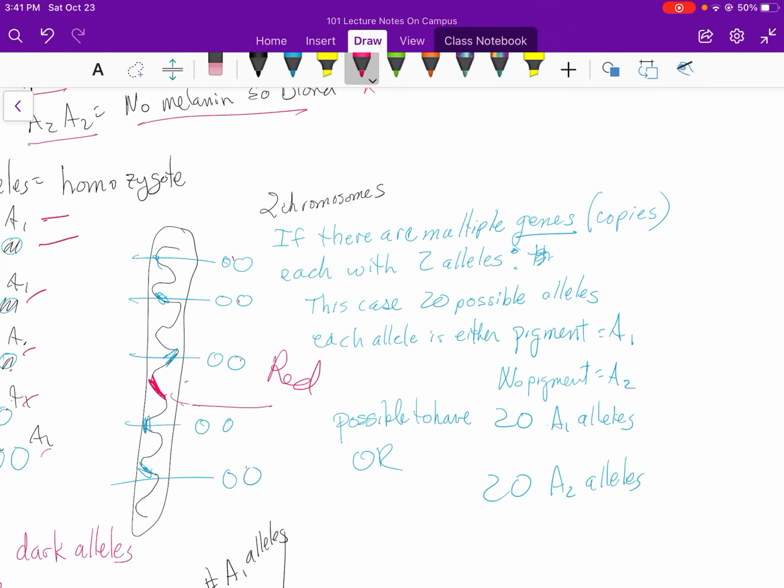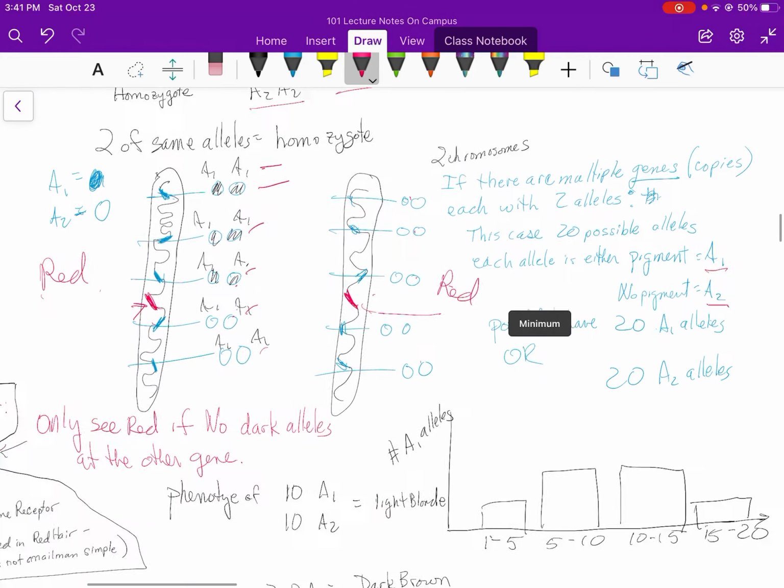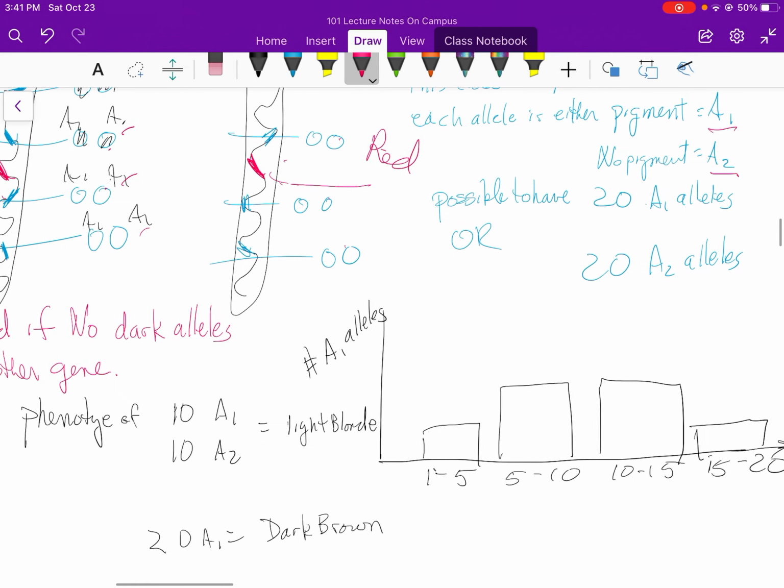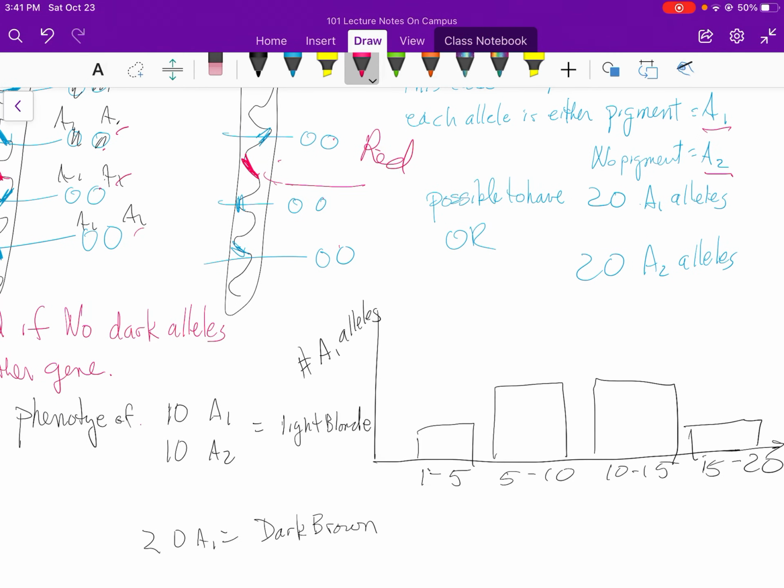And so if that is the case, then each one is either melanin producing or melanin not producing. So you could have up to 20 different alleles, which would produce very, very dark hair. Or if you had absolutely none out of 20, then you would have very, very blonde hair, right? So this is how the phenotypes actually sort out sometimes, is that some people have half and half, right?